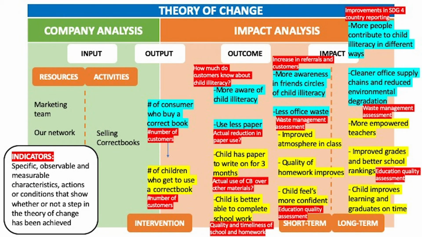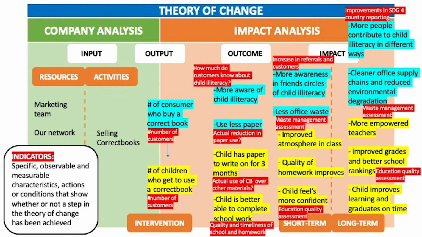Next, we have indicators. Indicators are specific, observable, and measurable characteristics, actions, or conditions that show whether or not a step in a theory of change has been achieved and to what degree. Indicators can be useful and helpful to track progress over time and to see if the intervention actually has the desired results you anticipated.